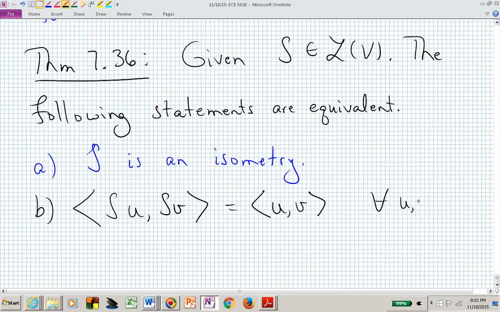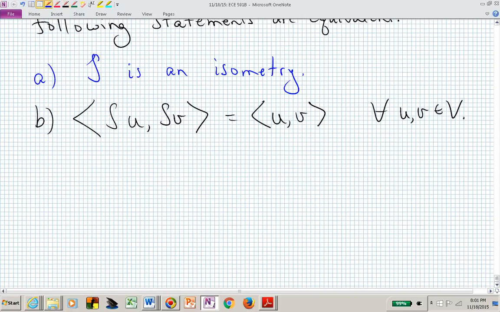And that's true for all vectors u and v in our vector space V. So it has this nice inner product consistency, or it doesn't do any scaling of the inner product if S is an isometry.